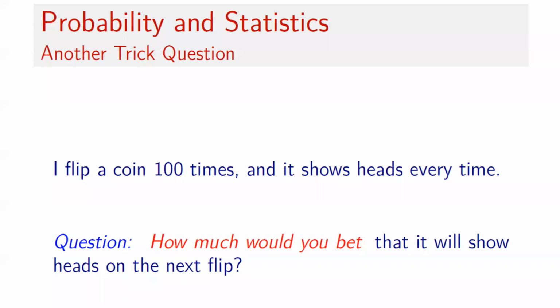So another way to ask the question is by asking how much you would be willing to bet that the next time will be heads. Suppose I say that if you bet on heads and it comes up heads, I will give you $1. If I told you it will be heads half the time, you would probably say you will bet less than $1. True? Because you want to gain money, not to lose money.